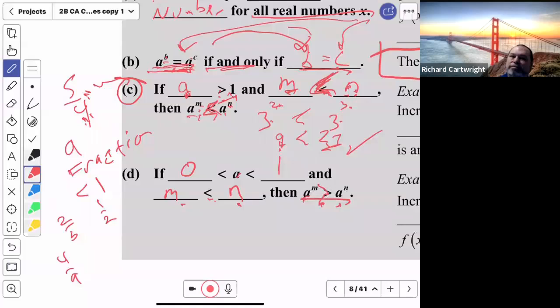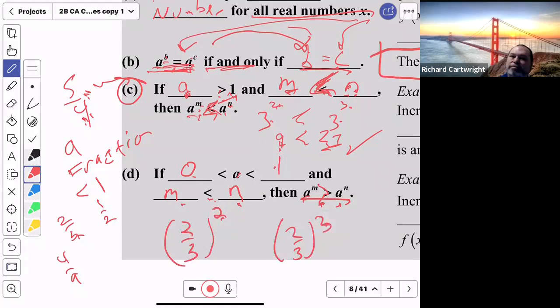Well, let's see if it works. Let me do a number that's between 0 and 1. Let me pick 2/3, okay? 2/3 is now my base. Compare it to the second, and compare it to the third. I didn't even write the third. There's a third. M is less than n.